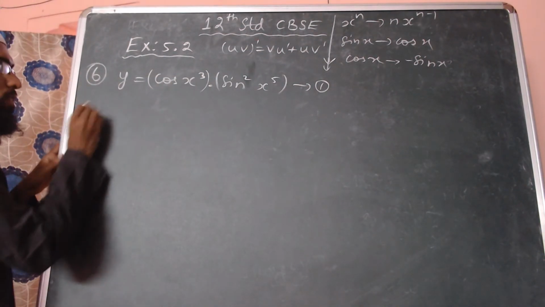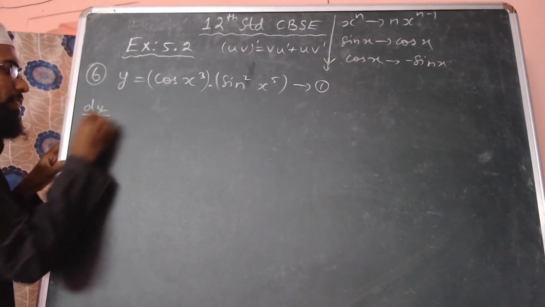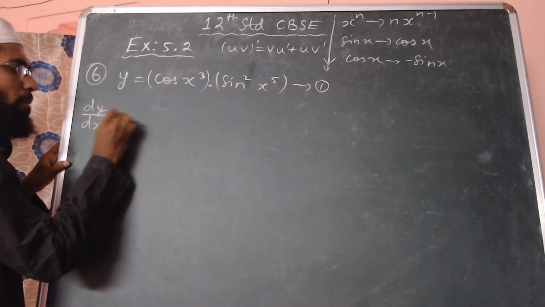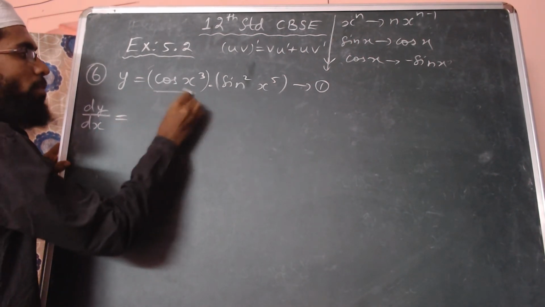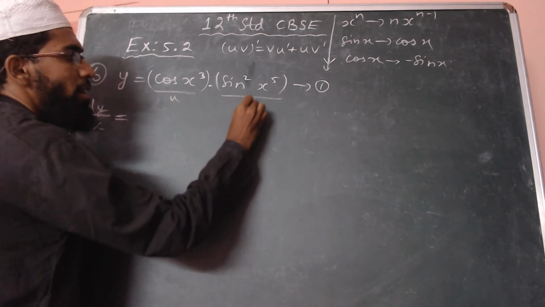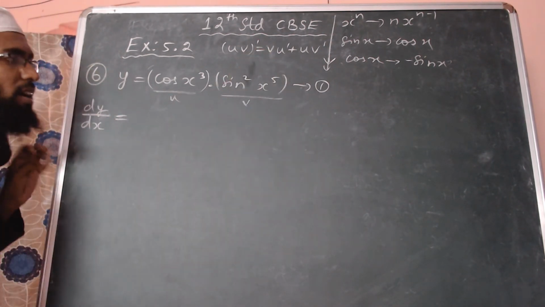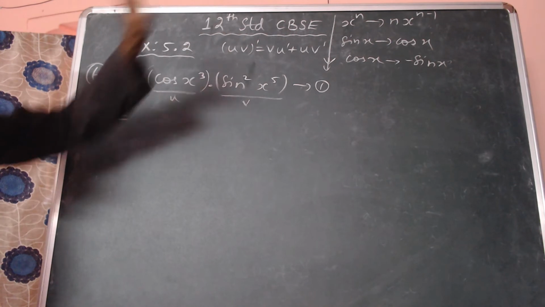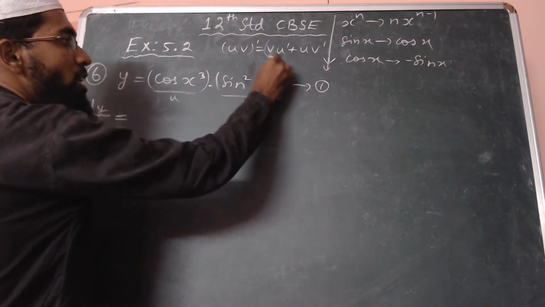Right. Now differentiating, I will get dy by dx equal to, on the right hand side, the uv formula. This will be my u and this will be my v. According to the uv formula, it is vu dash plus uv dash. First vu dash, right?